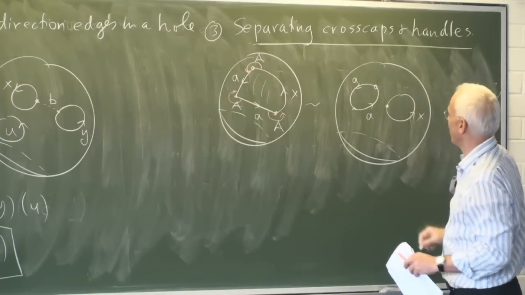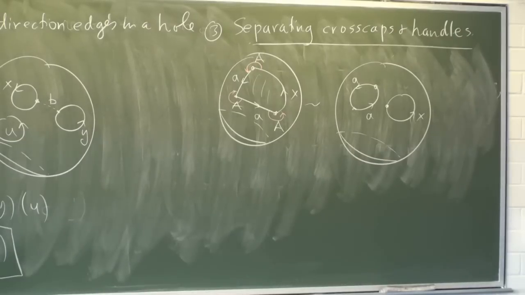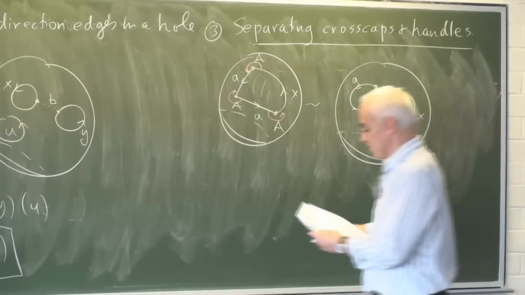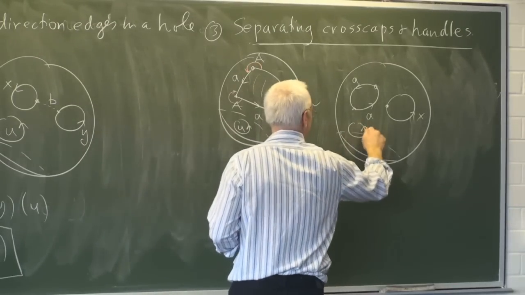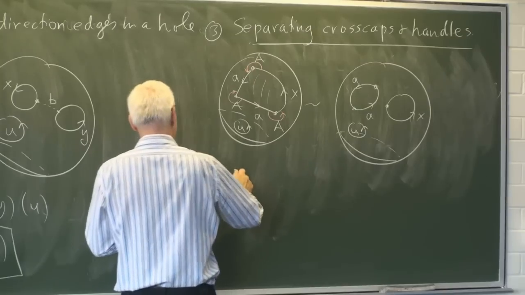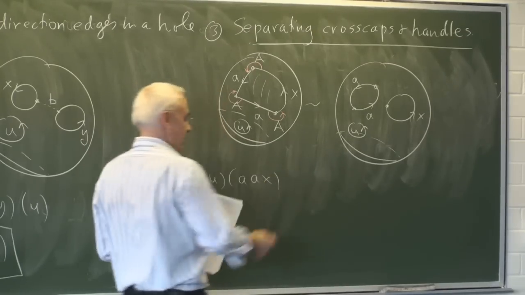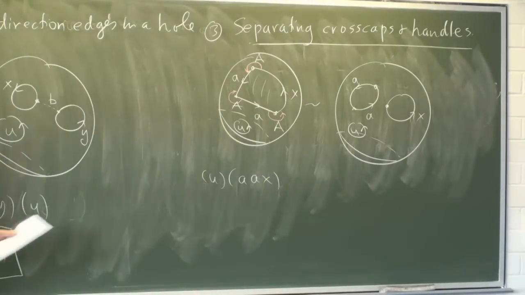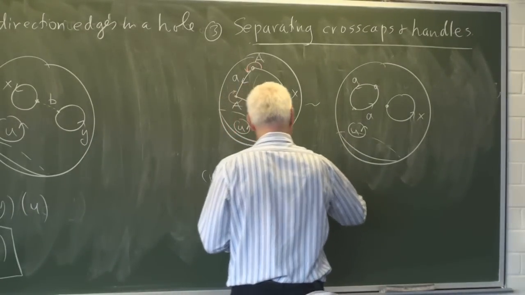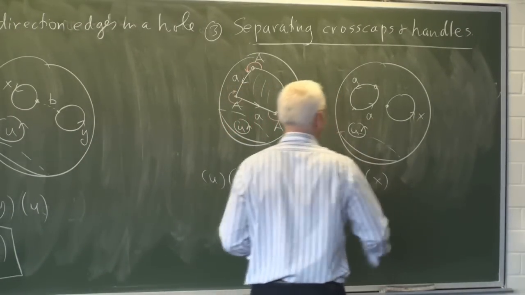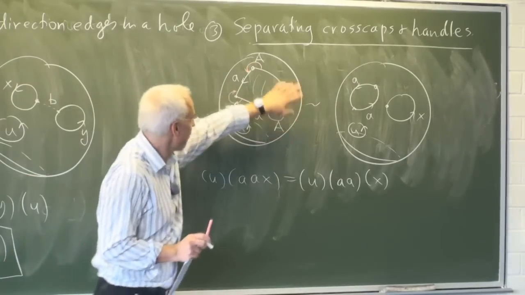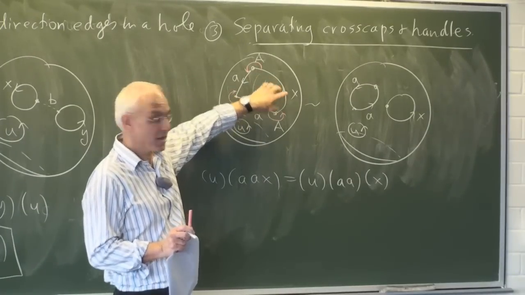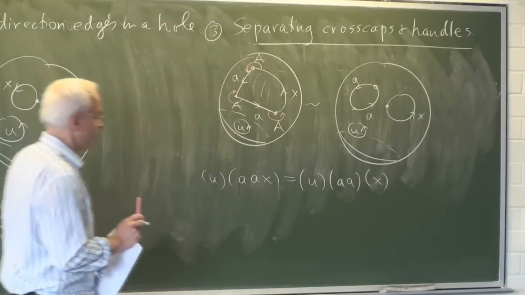So this is the hole X. In other words, I've gone from, and there may be some other holes U, let's say, from some U and a word AX, where X is some arbitrary sequence of letters, I go to U, A, and then X. So I can separate that cross cap from the rest of the letters in the hole that it appears, if the A and the A are adjacent like this.